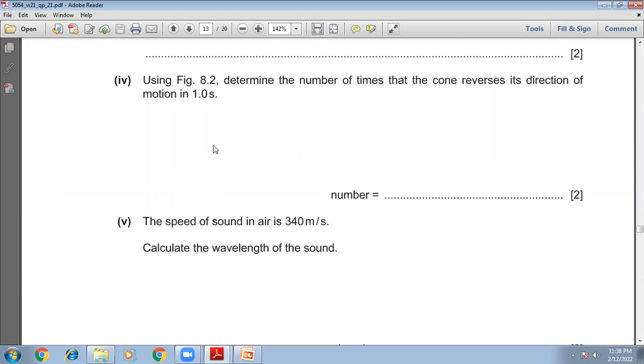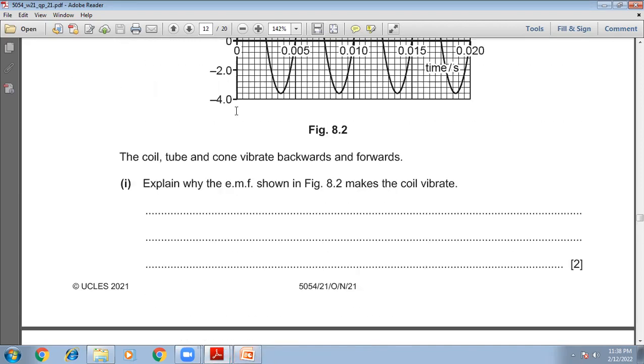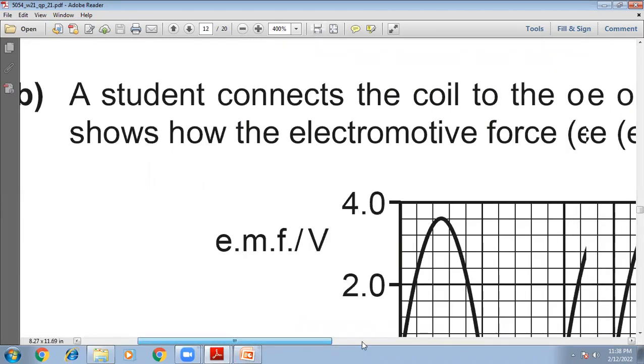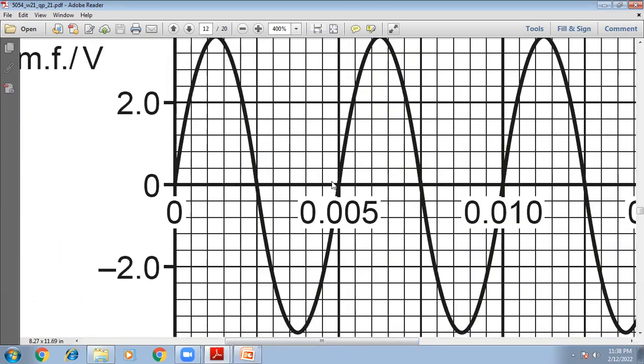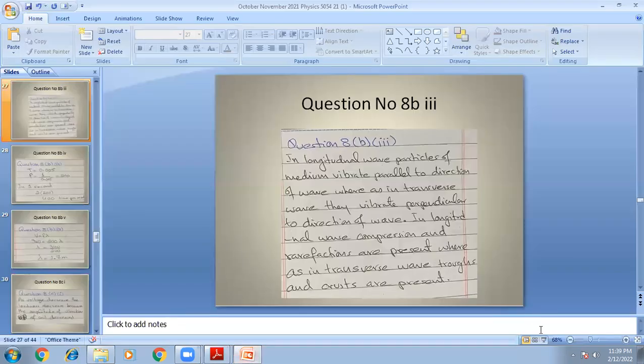Okay, so in 1 second, how many vibrations are completed? The time period here, you can see from here, is the time taken to complete one wave. How much time is taken? 0.005 seconds.